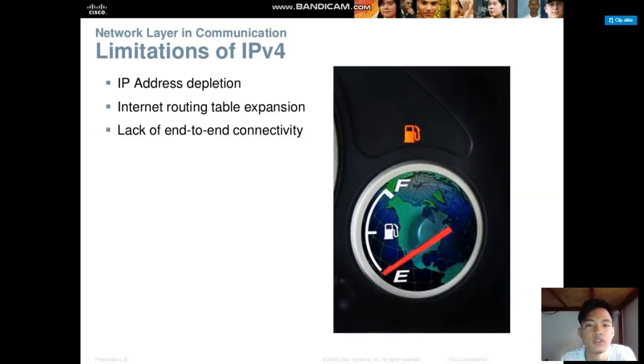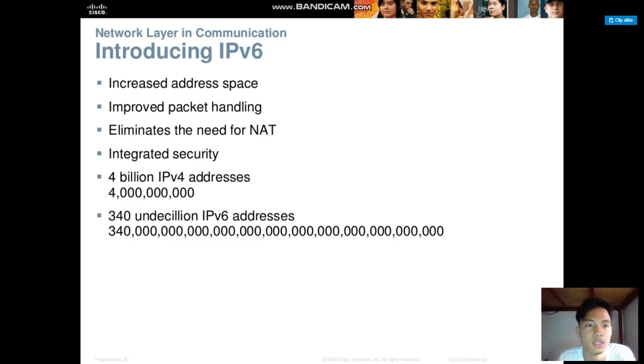Limitations of IPv4: IP address depletion, internet routing table expansion, and lack of end-to-end connectivity. Introducing IPv6: increased address space, improved packet handling, eliminates the need for NAT, and integrated security. 4 billion IPv4 addresses versus 340 undecillion IPv6 addresses.